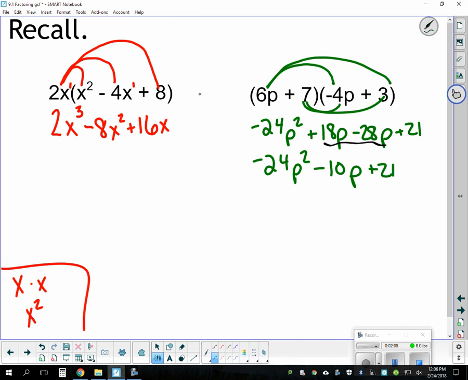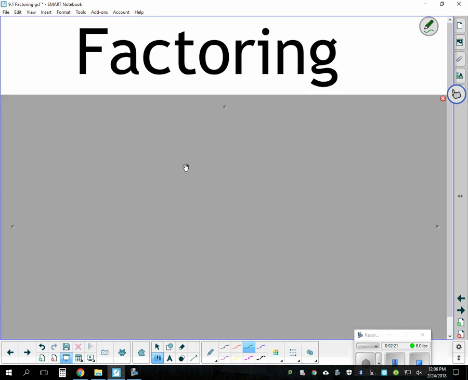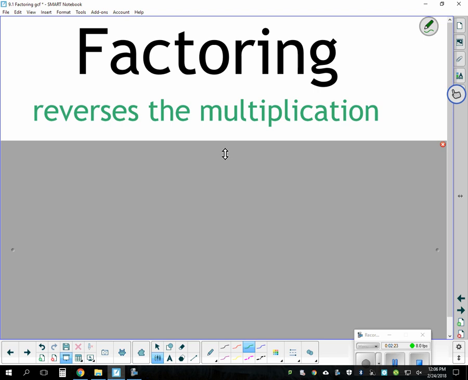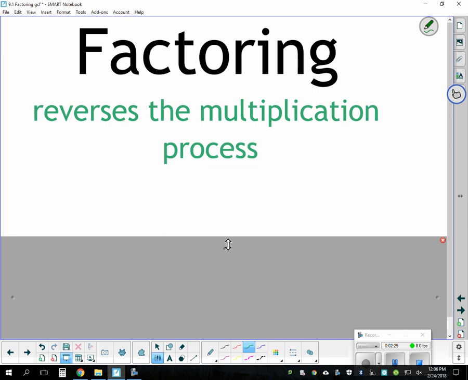Okay, so what we were doing was simplifying, right? Well, factoring, what we're going to be working on in this section, write down this definition: it reverses the multiplication process. So what we just did was multiplication.